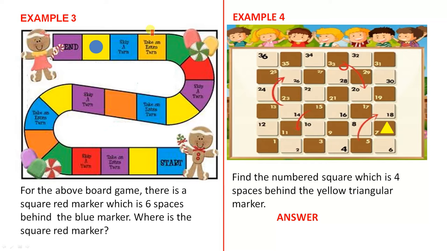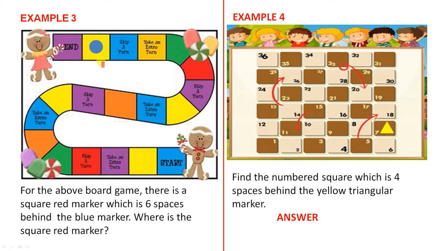Now here are some examples where we can use counting back with some board games. For the above board game, there is a square red marker which is 6 spaces behind the blue marker. So there's the blue marker here. So the square red marker is 6 spaces behind.